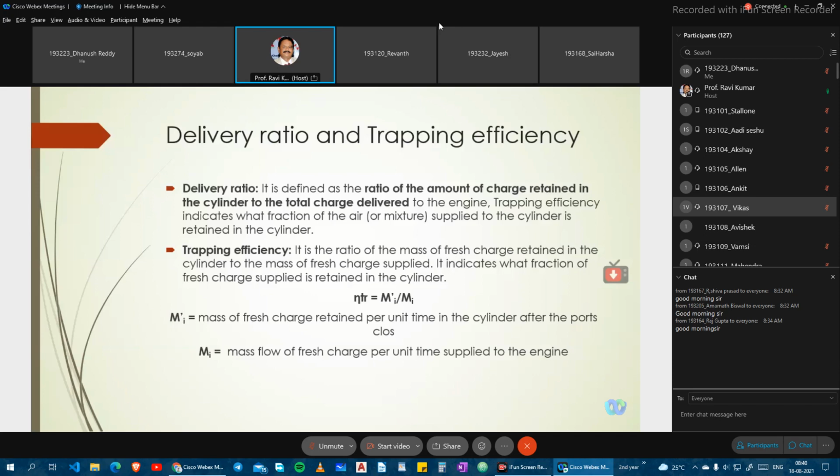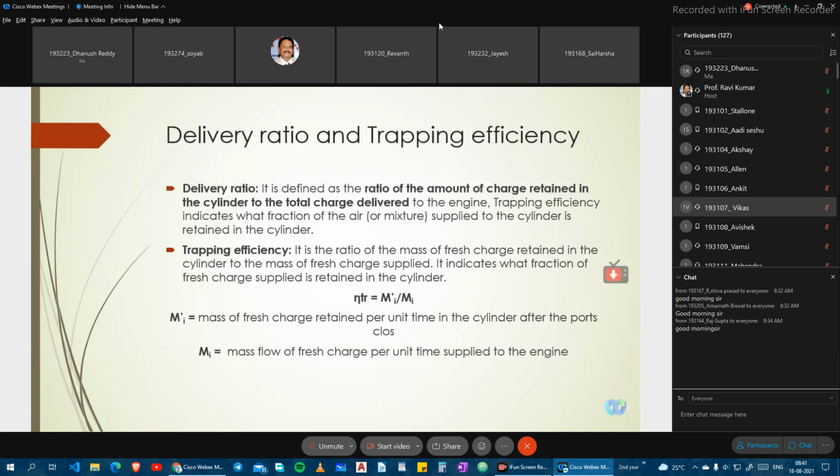But if leftover gases are there, those leftover gases will have some temperature and unburnt hydrocarbons and other fuels that may prevent complete combustion. Because in petrol engines or diesel engines, complete combustion may not happen. Initially, in the first cycle, complete combustion may happen, but there are also some leftover gases that are carried over every cycle. That is the major problem with scavenging.